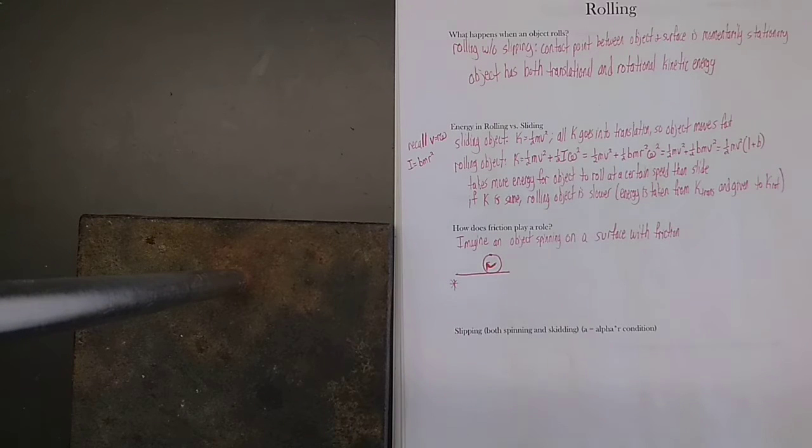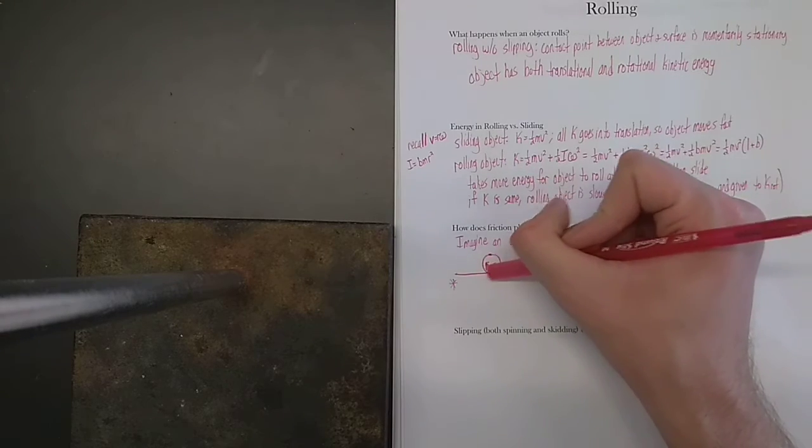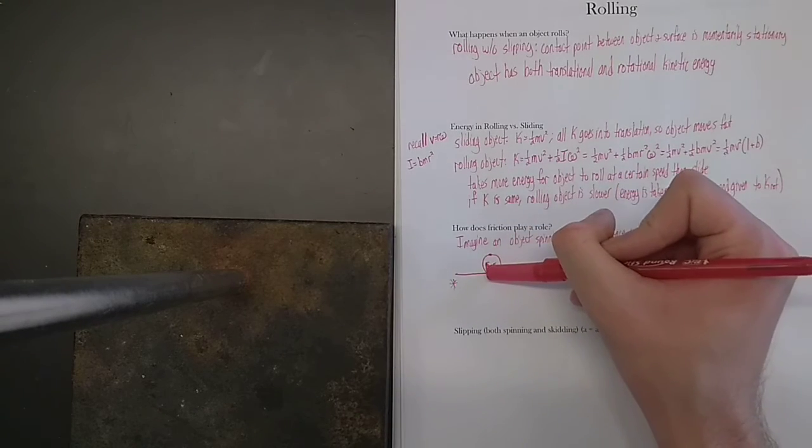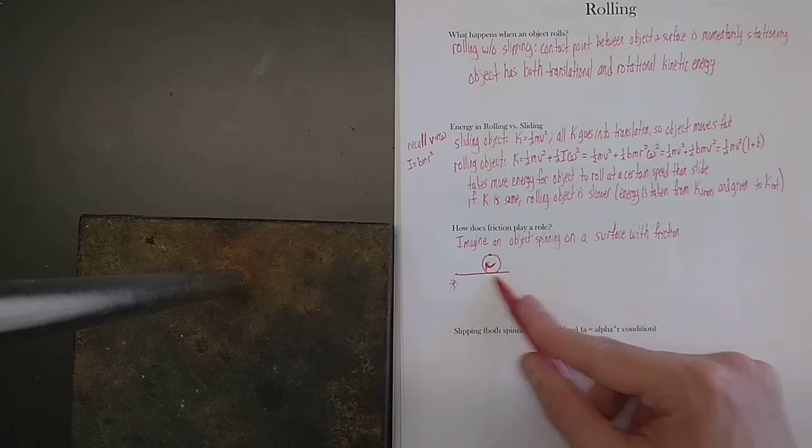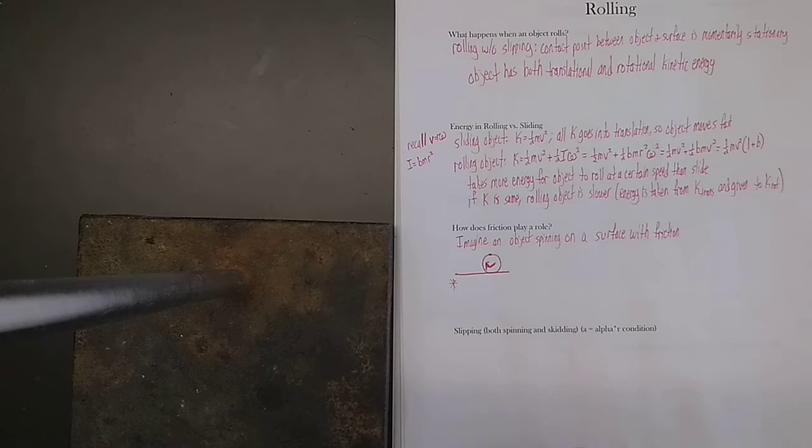Friction's got some weird rules to it, and what I think really helps a lot of times is to imagine what would happen if there was no friction. If there was no friction and this object was being made to rotate like this, then this point that's in contact right down here would simply, relative to the surface, just be moving to the left. And if there was no friction, that would be fine. There's no resistive force between the surface and the tire to slow that motion down.